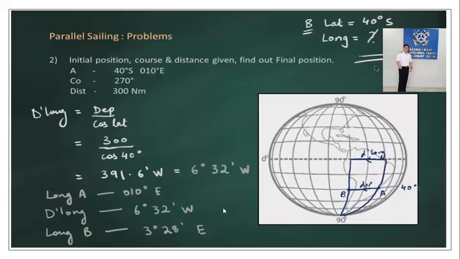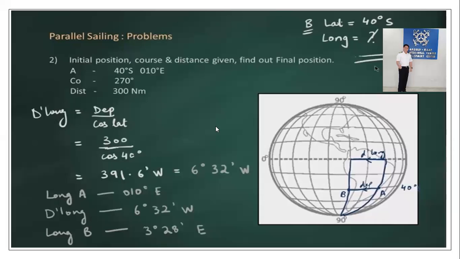Of course, we don't need to find the latitude of arrival since this is a parallel sailing formula, meaning it is the same latitude. With that, the arrival is latitude 40 degrees south, longitude 003 degrees 28 minutes east.